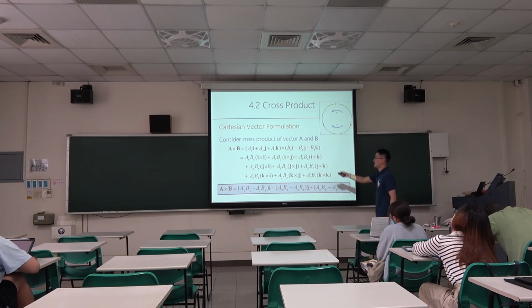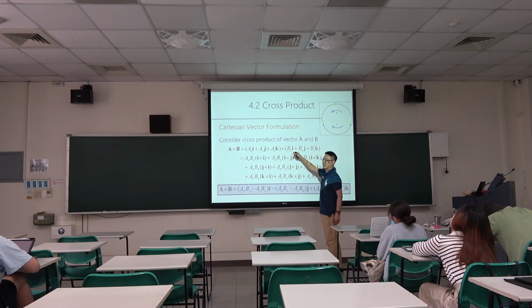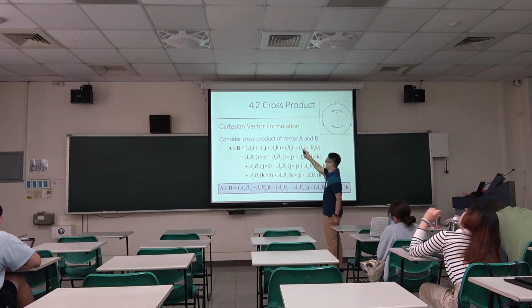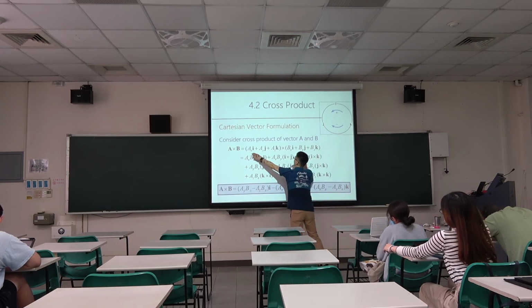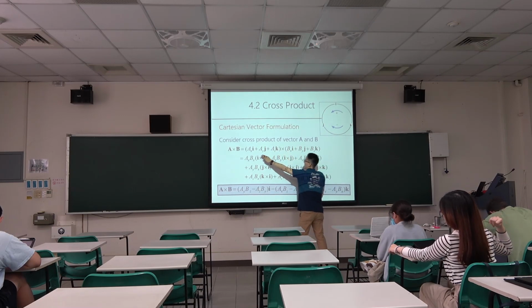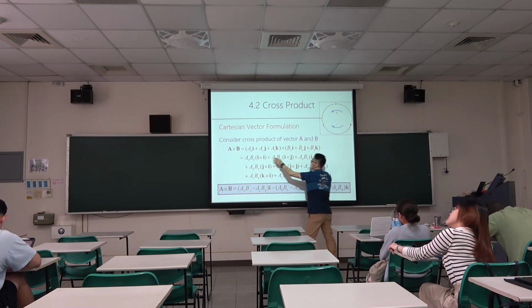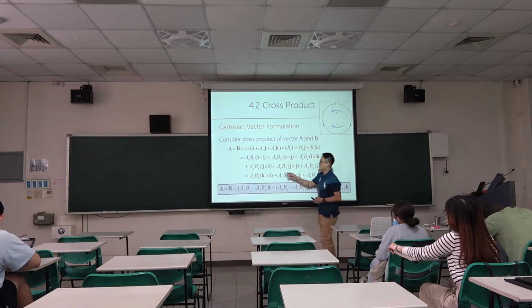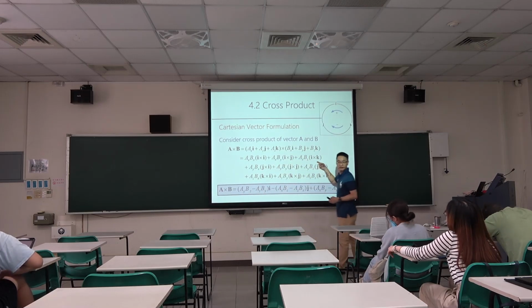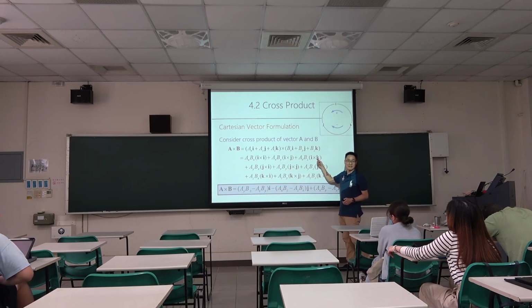So we take the first part, Ax, times this part. Then Ax times this part, cross product: Ax cross Bx, Ax cross By, Ax cross Bz. Then we show like this.